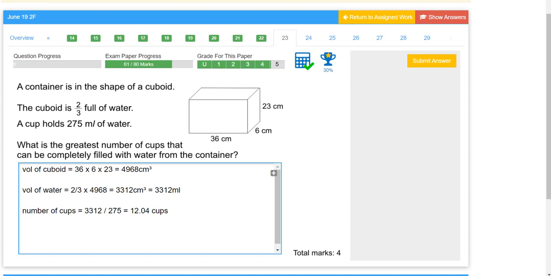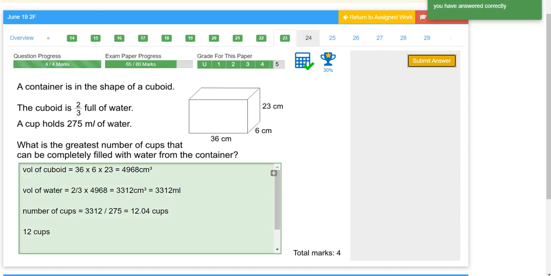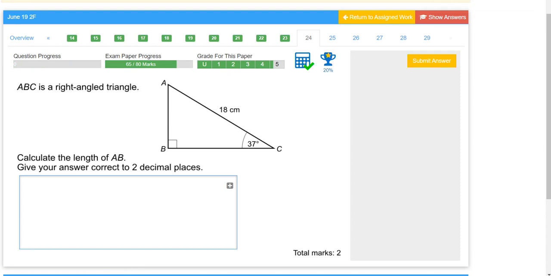The question is asking, if I take the water from the container and pour it into the cups, how many cups can I completely fill? Well, I can't fill 13, but I can fill 12 cups. And so I'm going to write down there my answer, 12 cups. That's worth 4 marks. And we are going further and further into that grade 5.